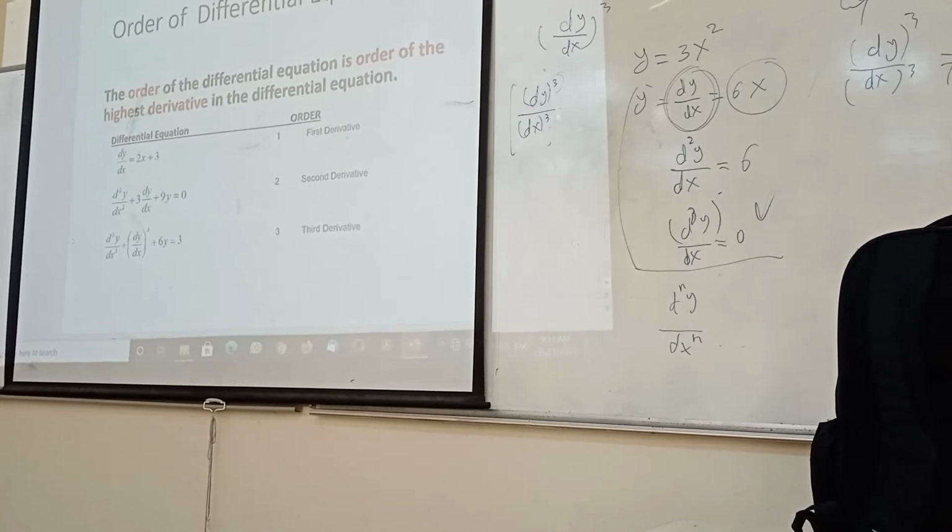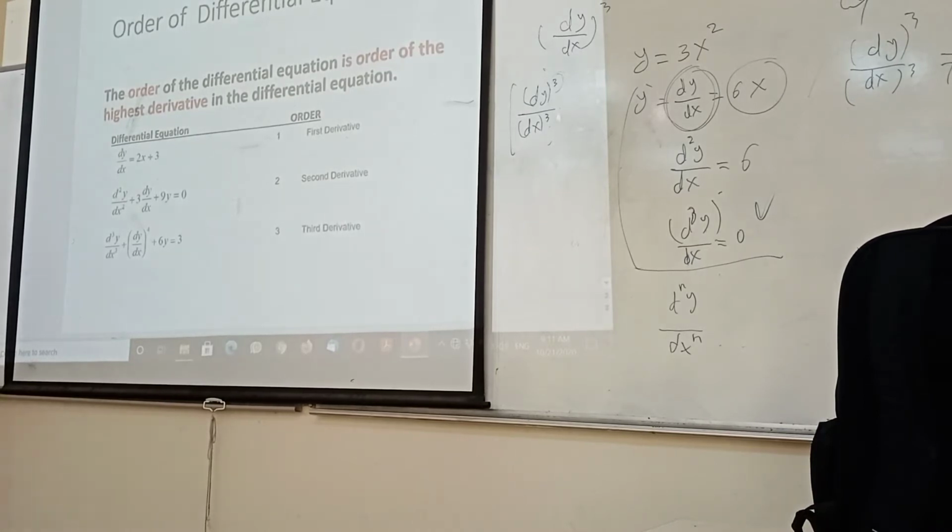Some more examples. The order of a differential equation is the order of the highest derivative. Again, in this case, we have only one, which means first derivative. This one, second derivative.